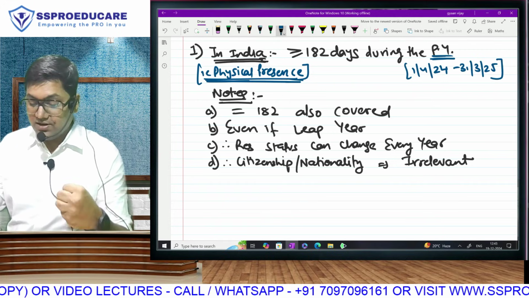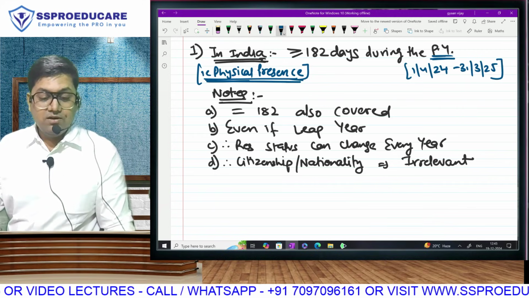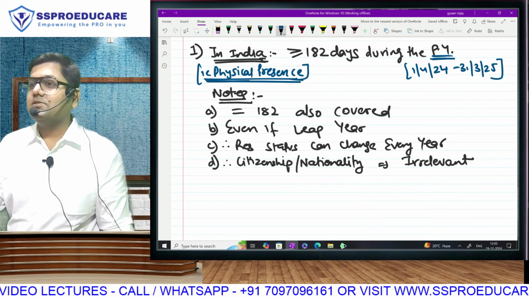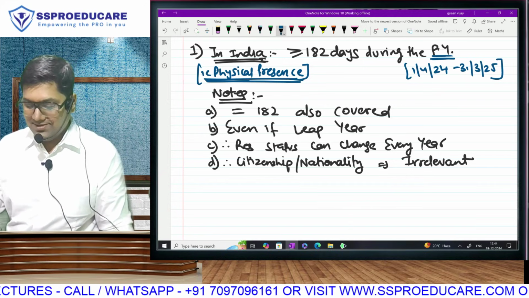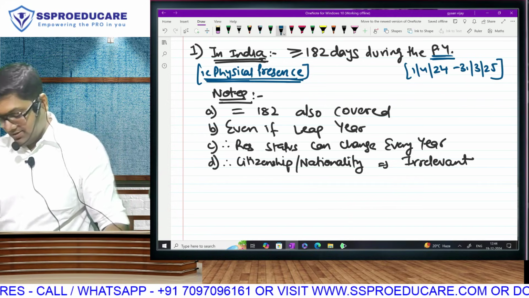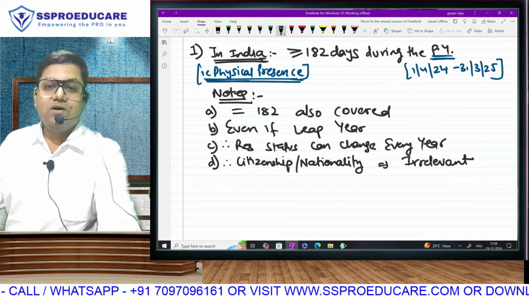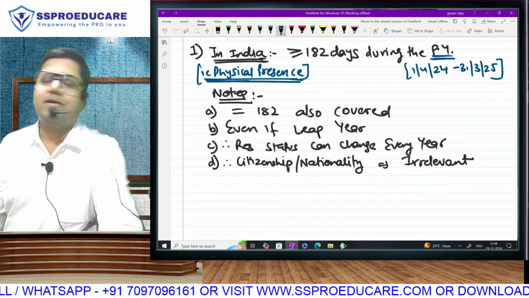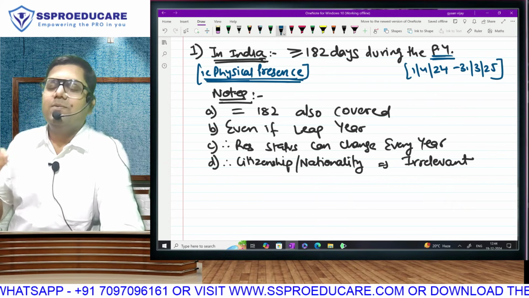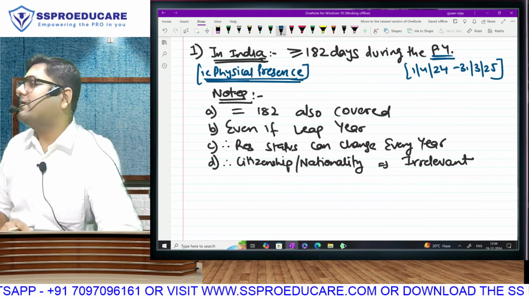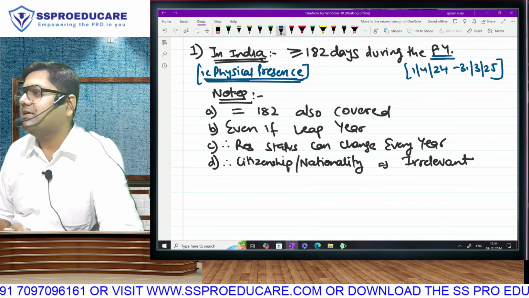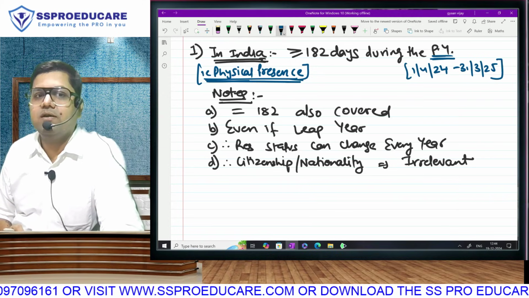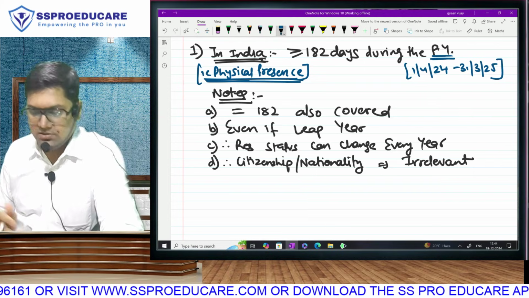No, bro, then it is very difficult for me to come back from that zone, because we all miss our college days for various reasons. So Atif Aslam, not a Pakistani cricketer, a singer, sorry, my bad, Pakistani singer. But if he spends 182 days in India, he will be considered resident. Citizenship, nationality is absolutely irrelevant. Have you understood this?